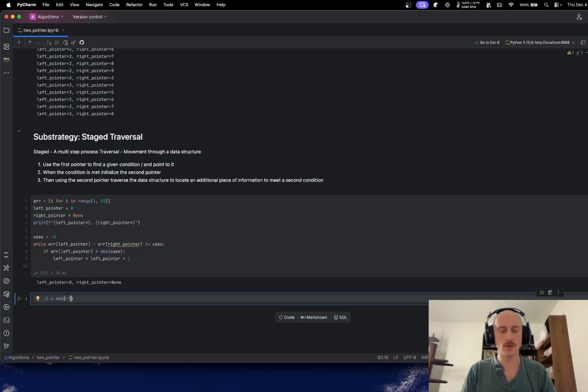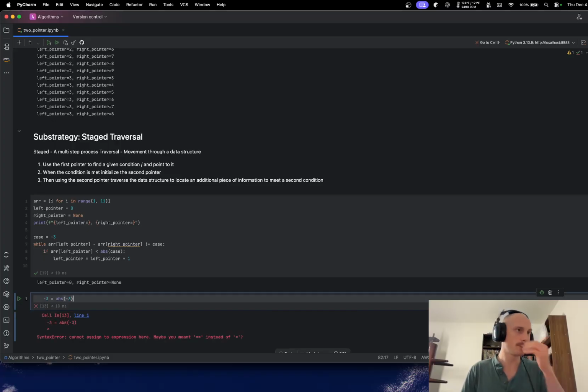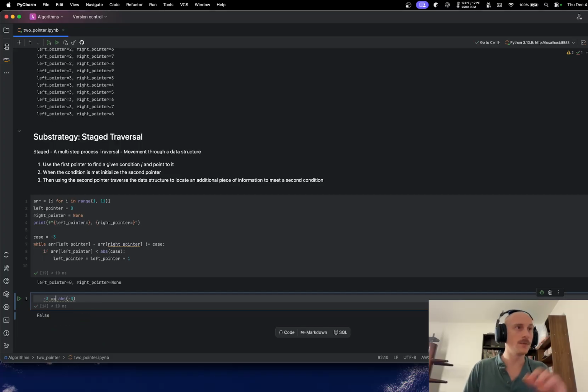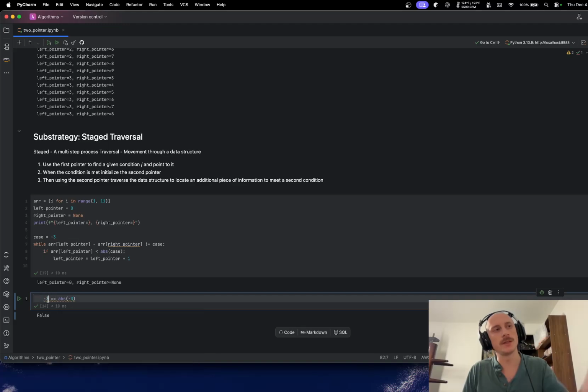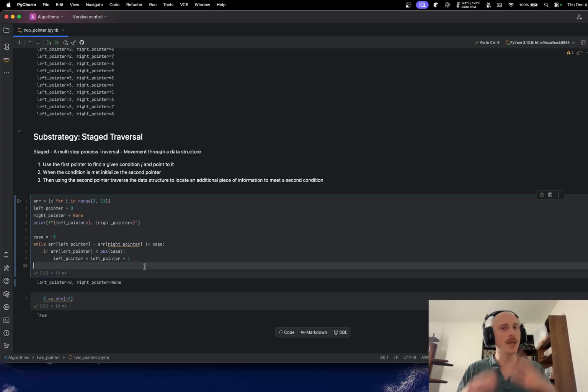And this is where coding is kind of cool. I need to use the double equals. False. Why? Oh, duh. Because absolute 3 is, yeah, that makes complete sense. There we go. 3 is equal to the absolute value of 3. Okay, moving on.